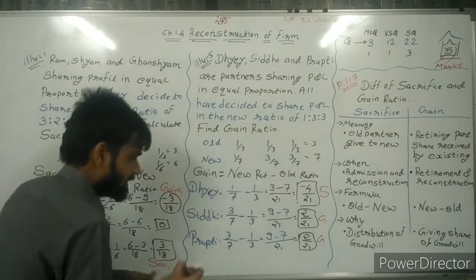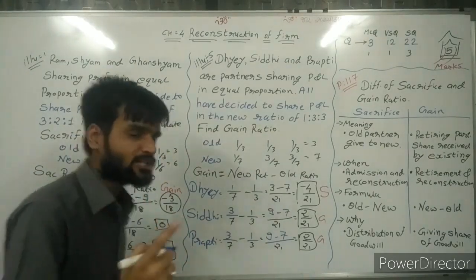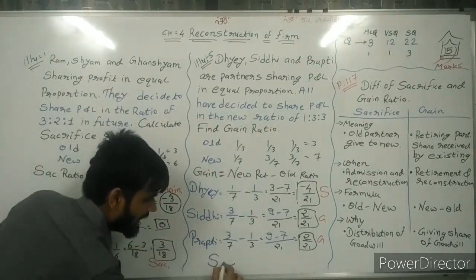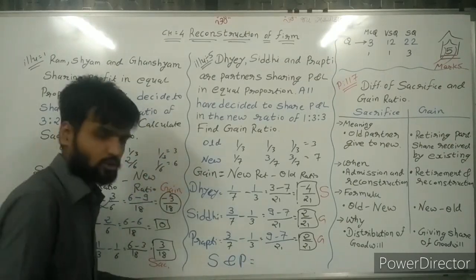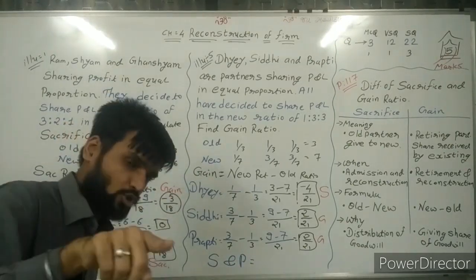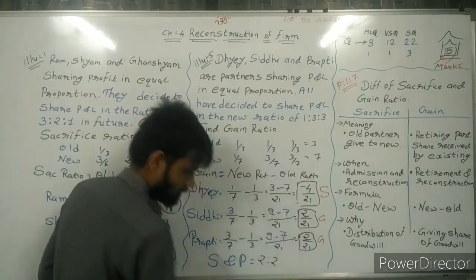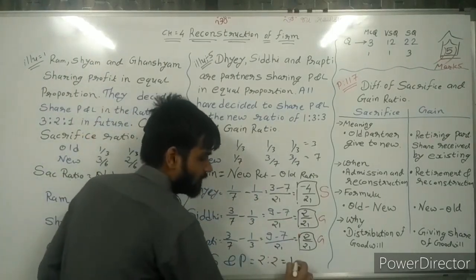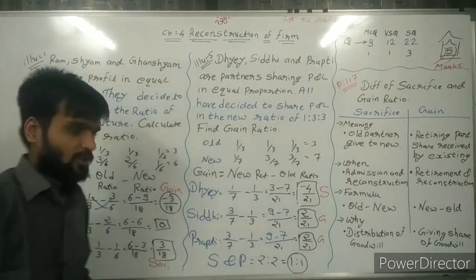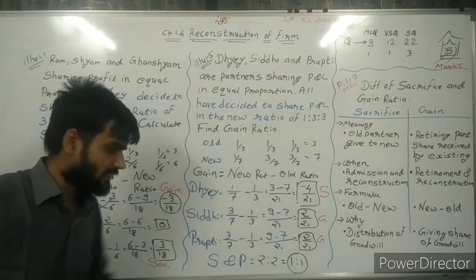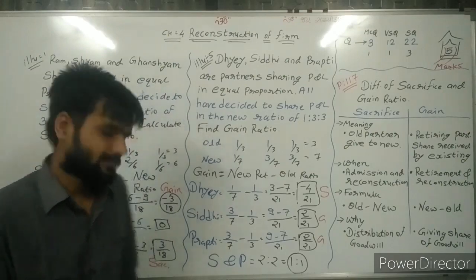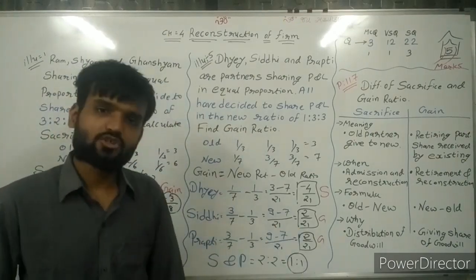So in this way we can write the gaining ratio of Siddhi and Prapti is equal to 2 : 2, so also we can write 1 : 1. So Siddhi and Prapti gain in equal proportion. That is the gaining ratio.